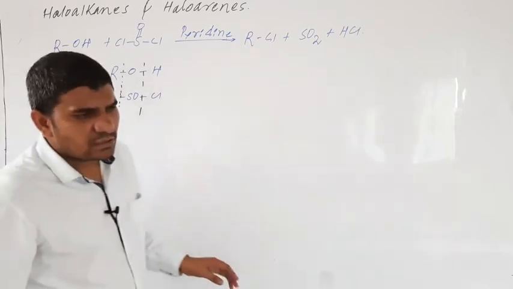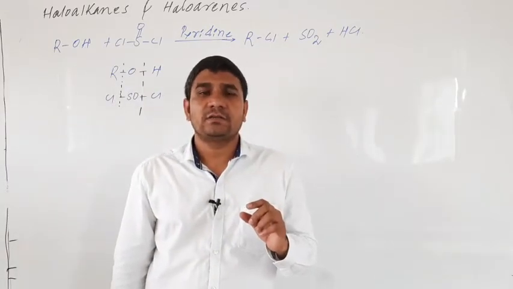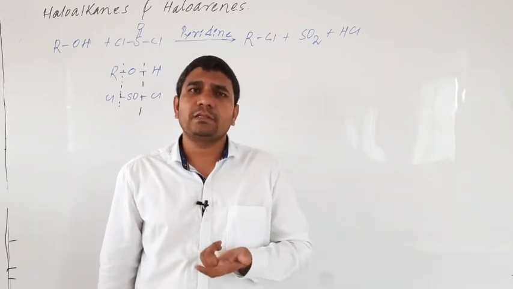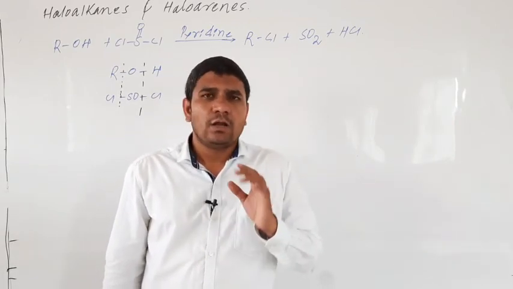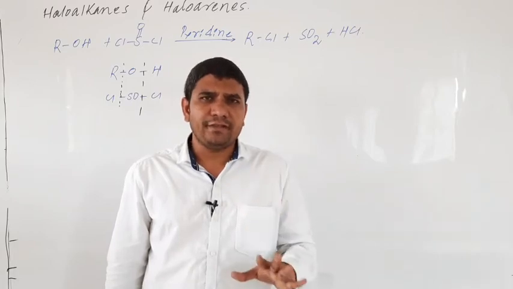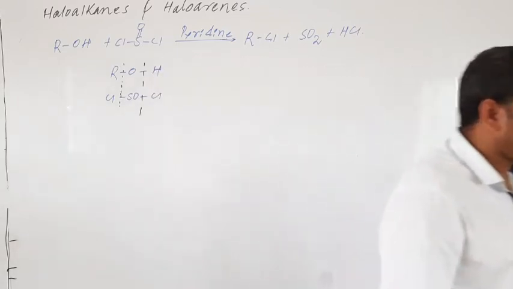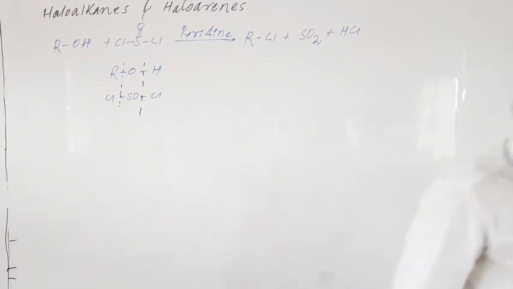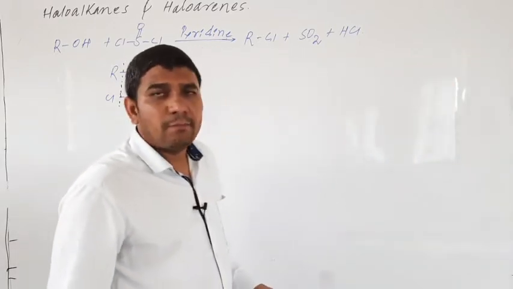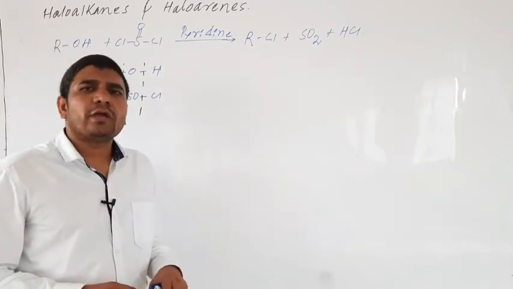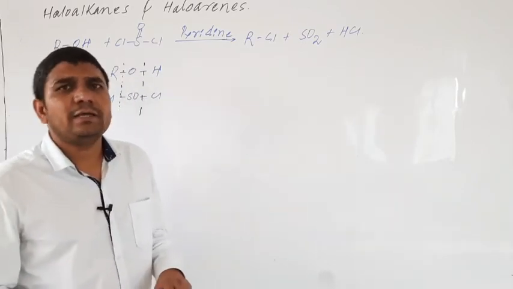My request is, don't try to mug up the reactions. Create shortcuts. I am not telling you to mug up the things, means by heart the things. No need of mugging up anything. In chemistry, you can't learn things by heart, because over here you will come across 1000 different types of chemical reactions.